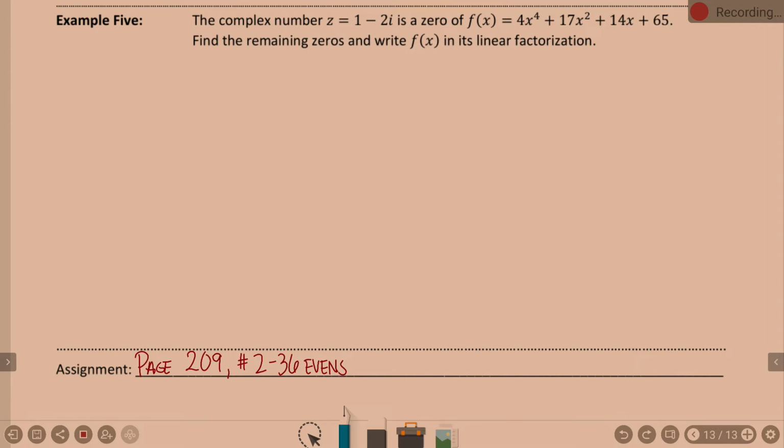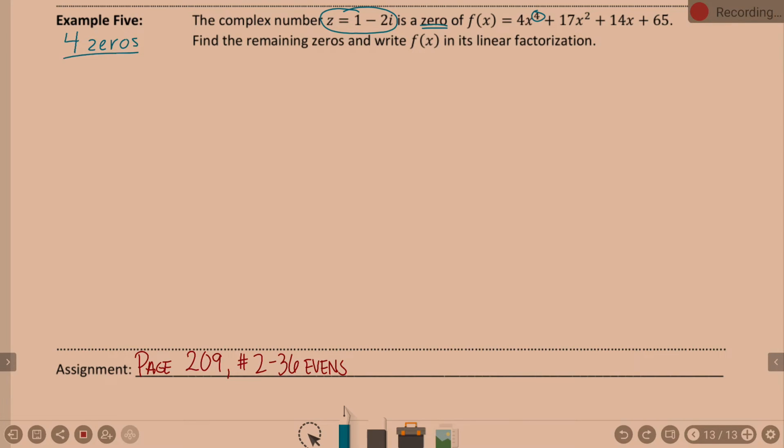Now, the complex number 1 minus 2i is a 0 of f of x. How many total zeros am I expecting? Okay, this is an x to the 4th equation. So in the end, I am expecting 4 zeros when I get done.